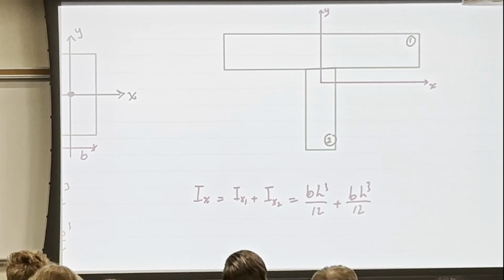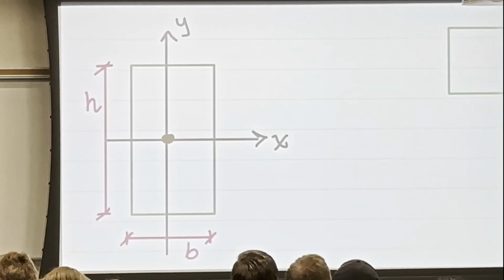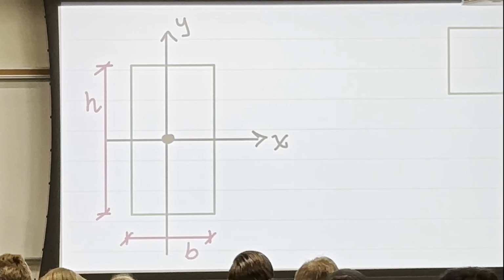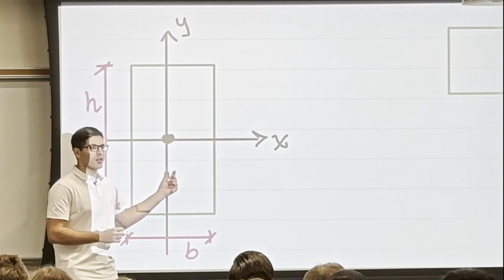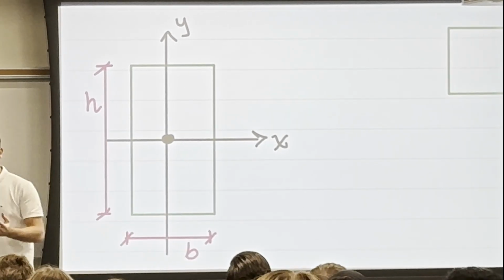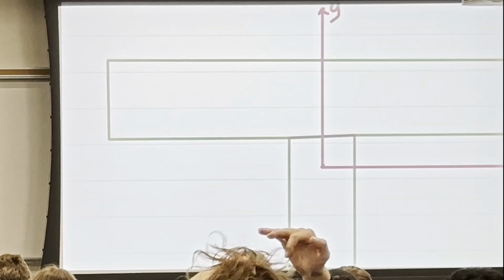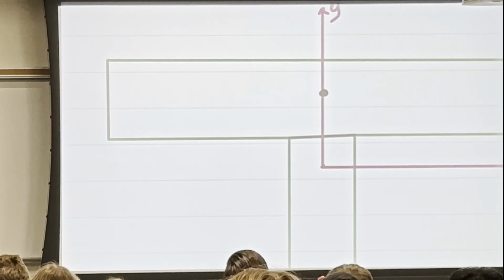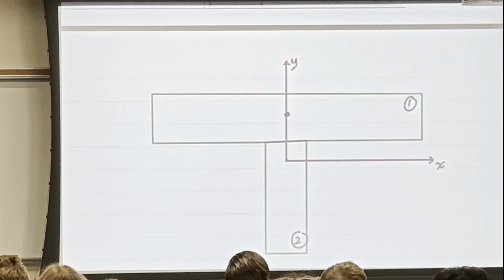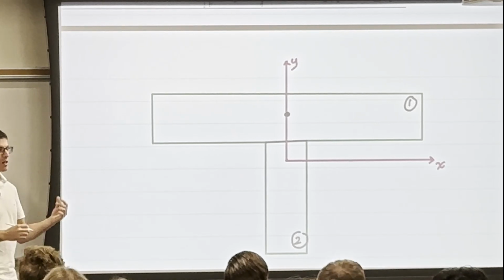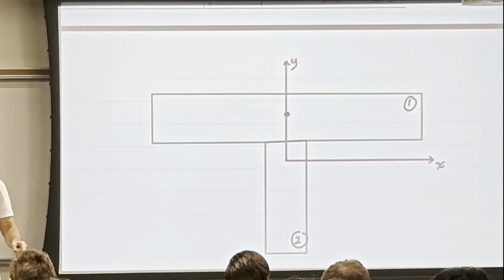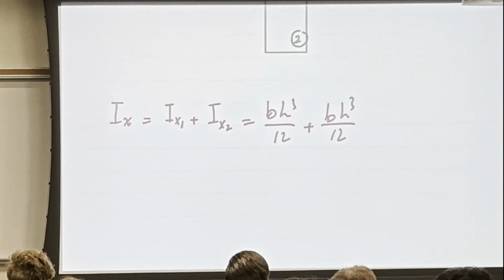If I do have the centroidal axis coincide with the centroid of that shape, then the moment of inertia is bh cube over 12. But when the centroid of the shape, which is here, for example, for shape 1, doesn't align with the centroid of the whole shape, that's when this equation is not enough.